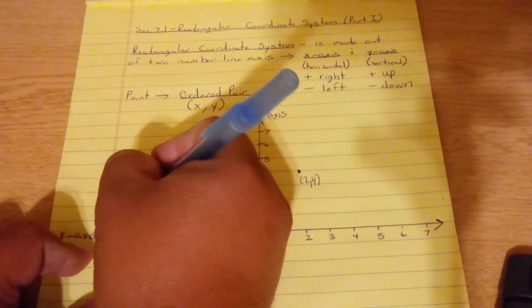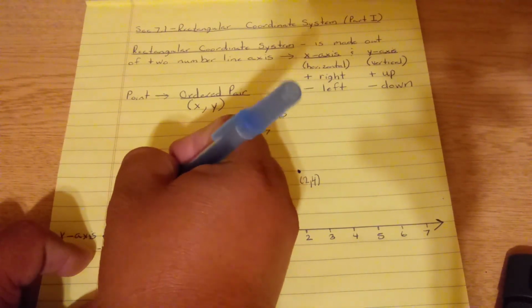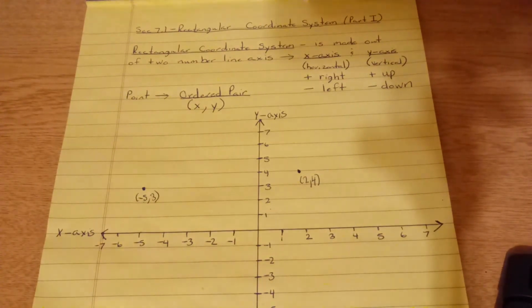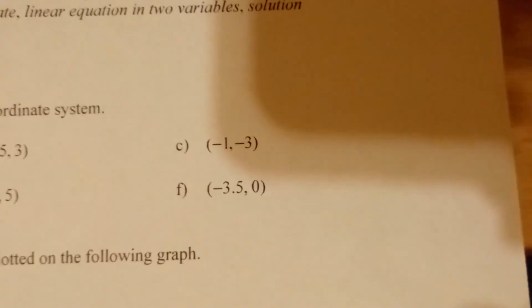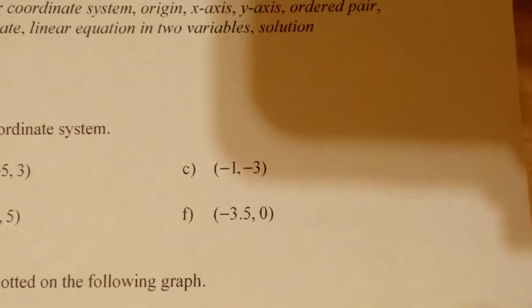That's your ordered pair, -5 and 3. Once again, the x controls the horizontal, the y controls the vertical. So it's not a big deal. Remember, we're not graphing lines yet. All we're doing is plotting ordered pairs. Let's try one more here. For letter C, we have -1 and -3.